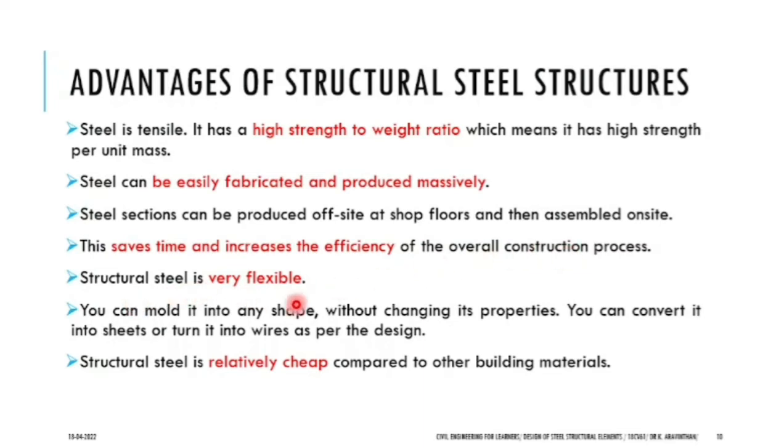Structural steel is very flexible, and you have elongation of 29%, yes or no? When you are doing a tensile test in the UTM in the building material testing lab, you will be doing a tensile test for steel, yes or no? So what is the elongation value which you got for mild steel?